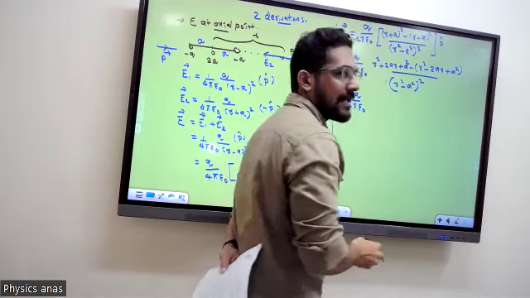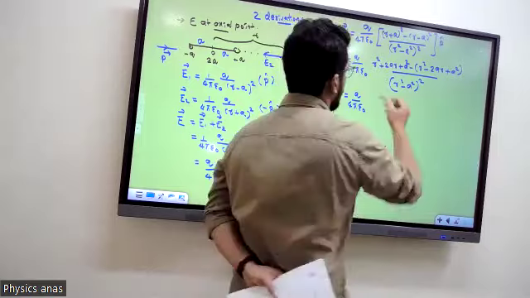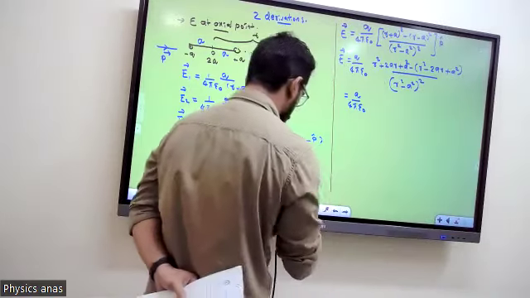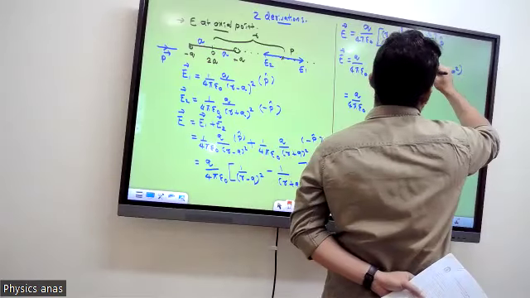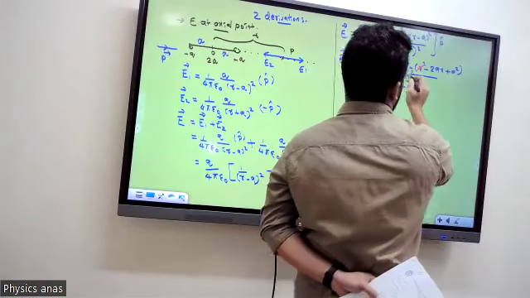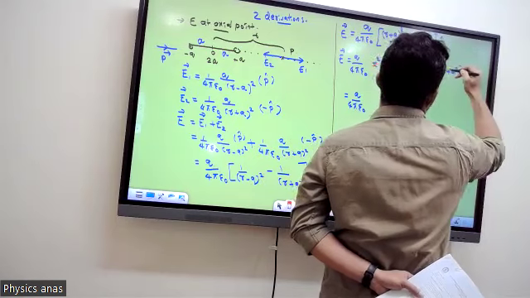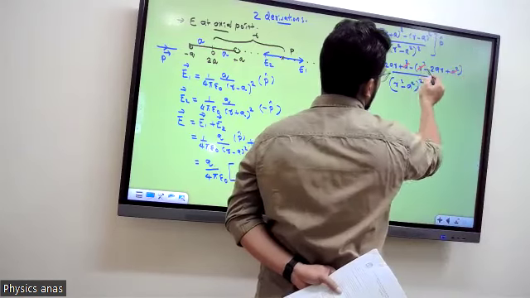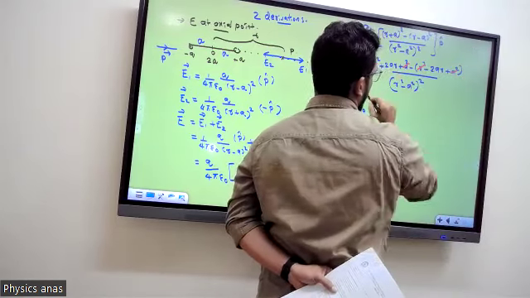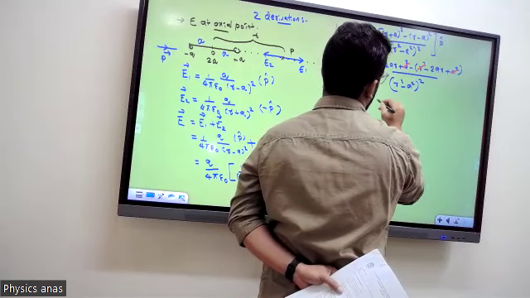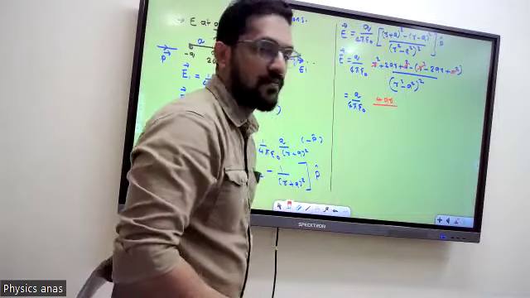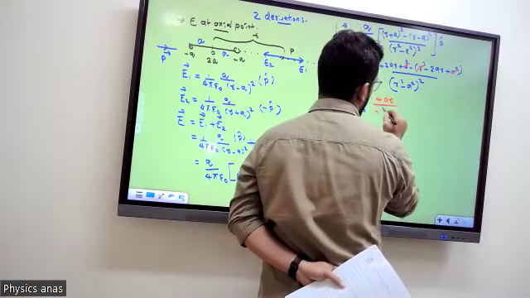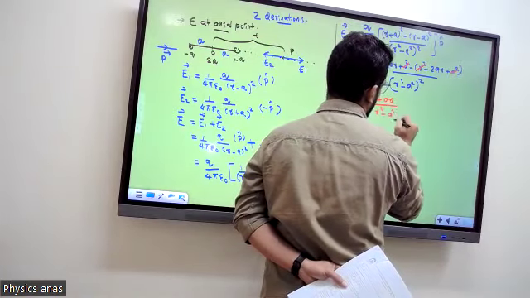R square and minus R square will be gone, A square and minus A square will be gone. Minus into minus will be plus, so 2AR plus 2AR will be 4AR, divided by (R square minus A square) the whole square.